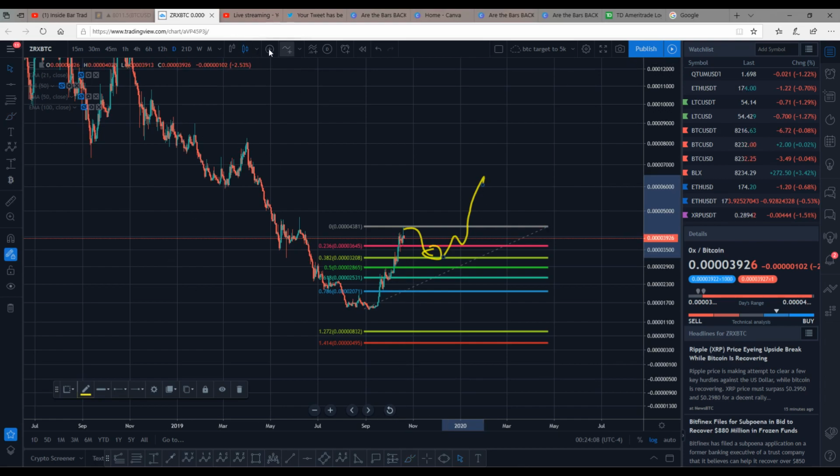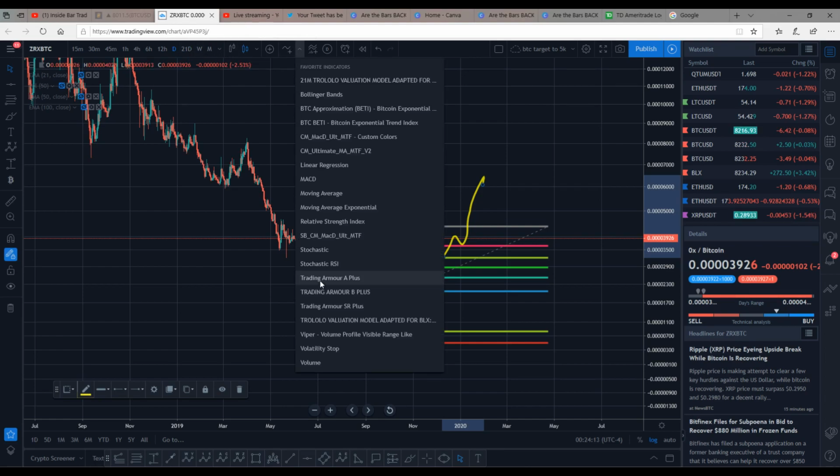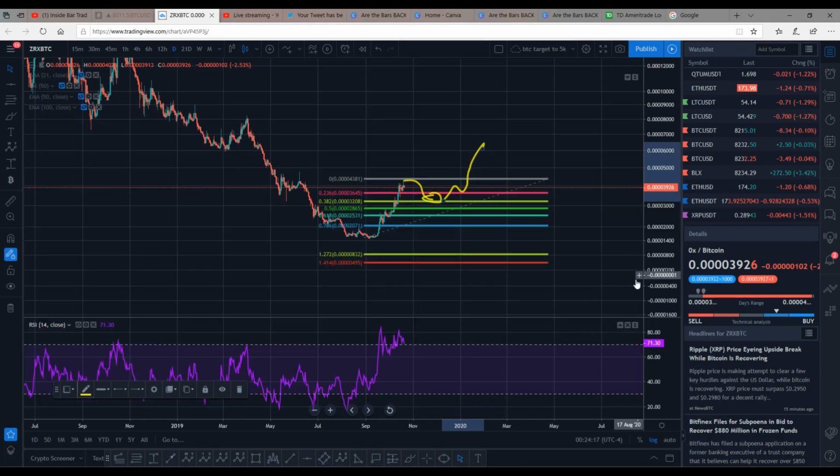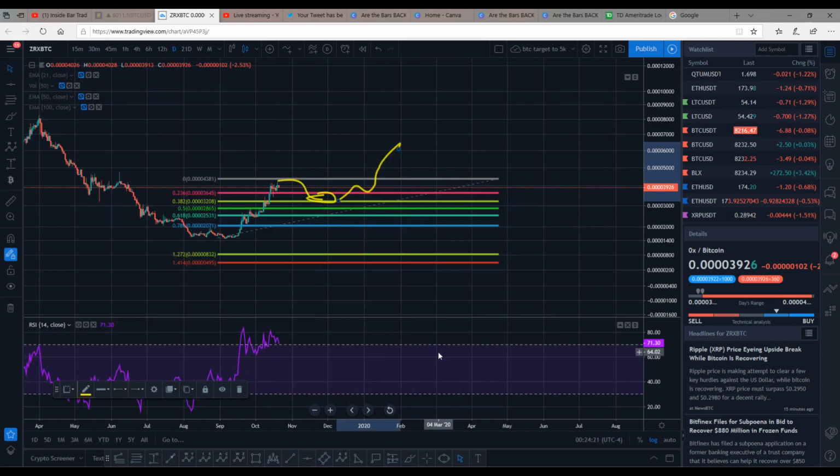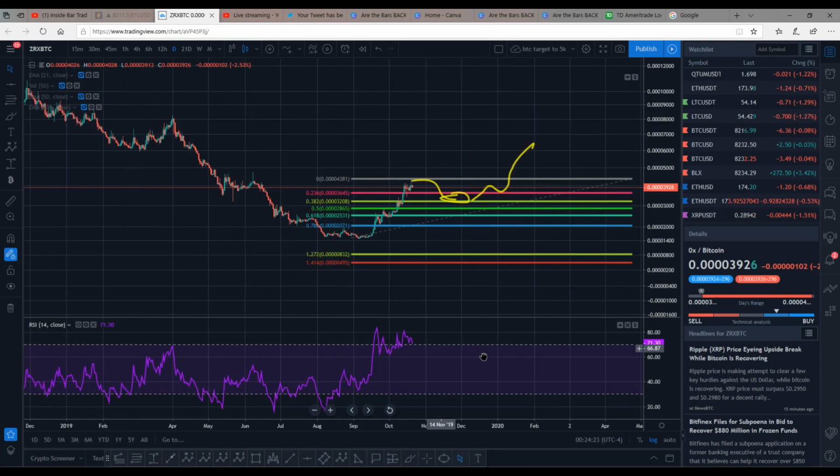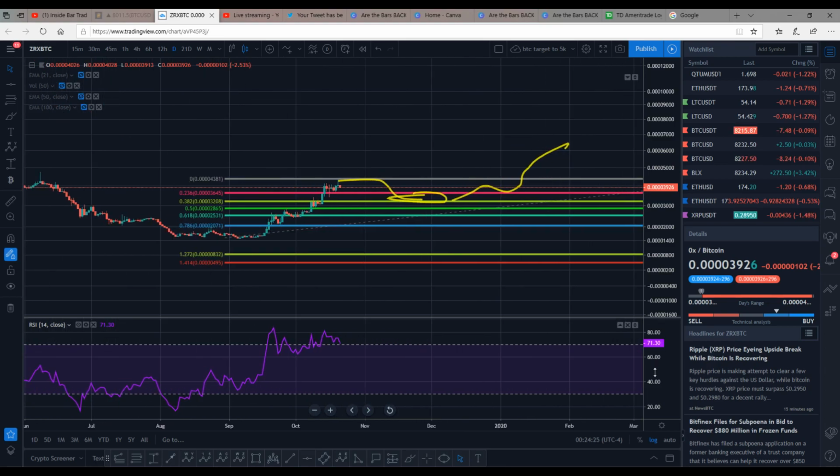Let's take a look at the RSI. It is looking nice. We haven't seen a strong divergence. Sometimes most people are going to be panicking as soon as we get a divergence.